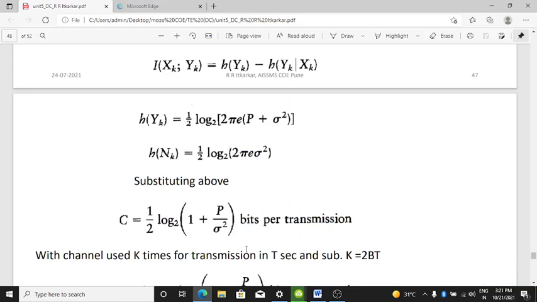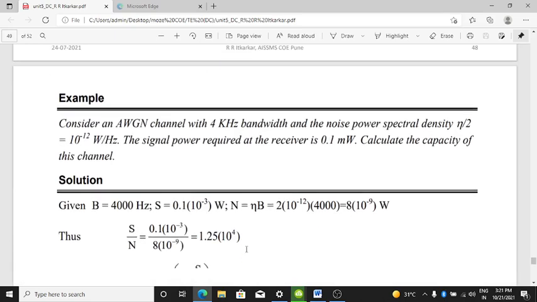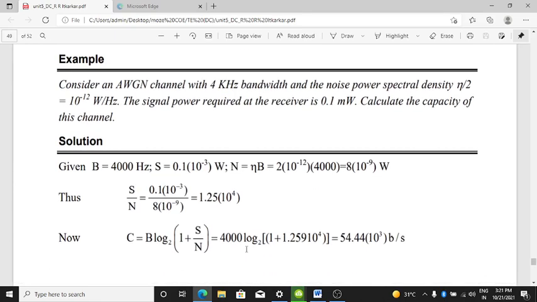h(Y) = 1/2 log(2πe P) plus... Here consider an example. Consider an AWGN channel with 4 kHz bandwidth and the noise power spectral density η/2 equal to 10^-12 W per Hz.